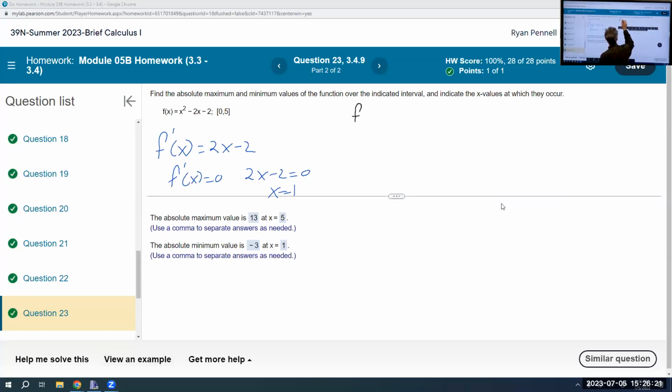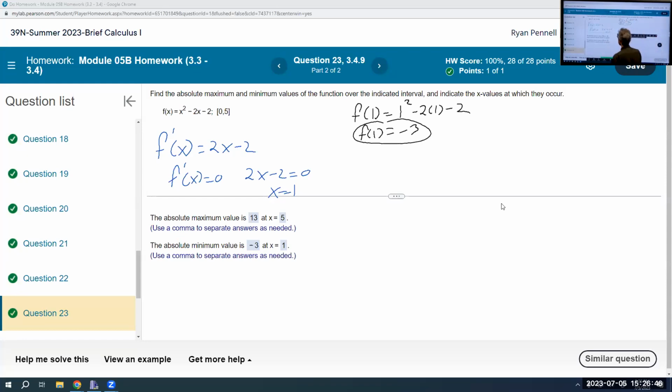What is f of 1? 1 squared minus 2 times 1 minus 2. 1 minus 2, negative 1, so it's negative 3. Negative 3. That could be the minimum, that could be the maximum, or it could just be a relative min or max, because we have a restricted domain.